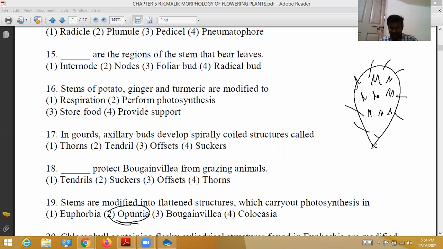So for the 19th question, the correct option is 2. In bougainvillea, the stem does not perform photosynthesis. In Colocasia and Euphorbia, the stem is not modified for photosynthesis.